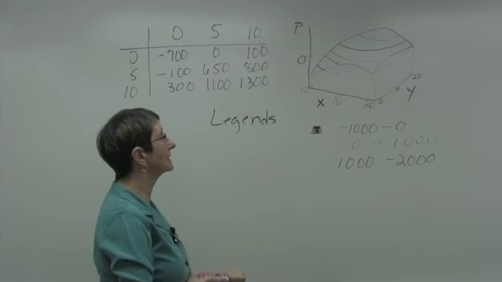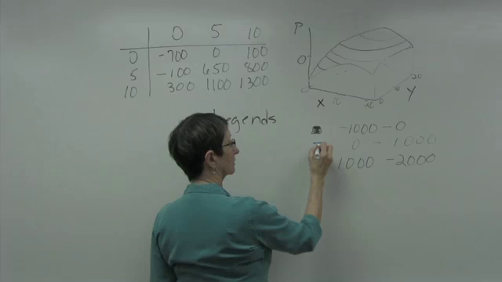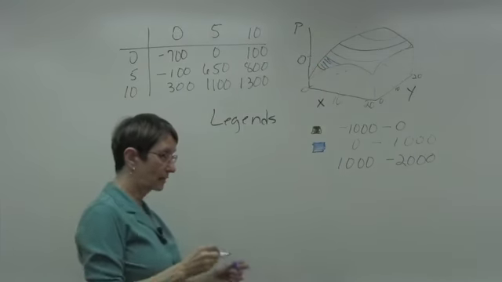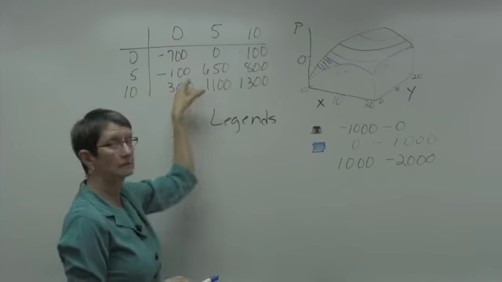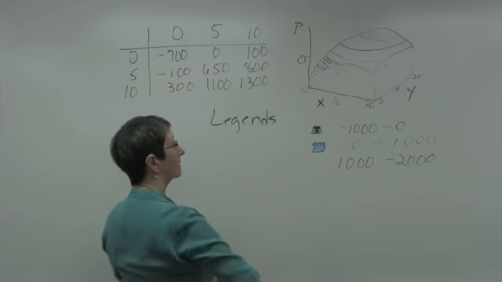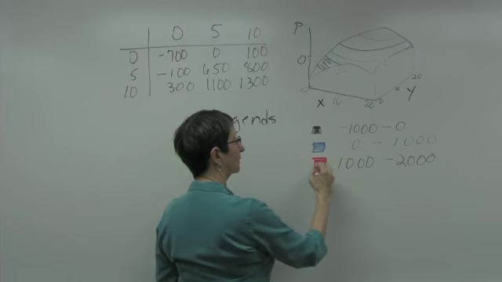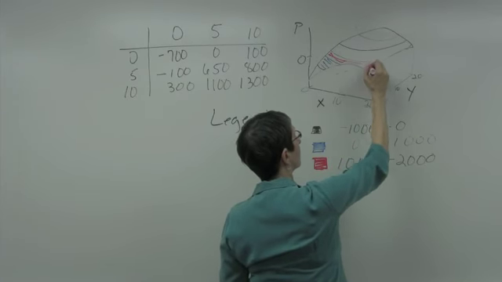The next band may be from 0 to 1000, so there will be a different color. Maybe this is the blue band. And those will be all the numbers between 0 and 1000 that lie in that color band. And then there will be another color band for values, say, between 1000 and 2000, and that will be here. And this color goes all the way around.